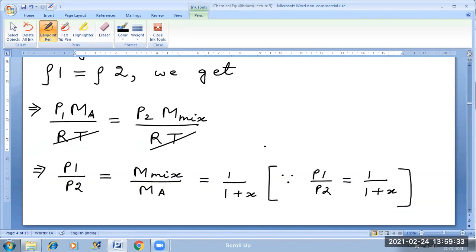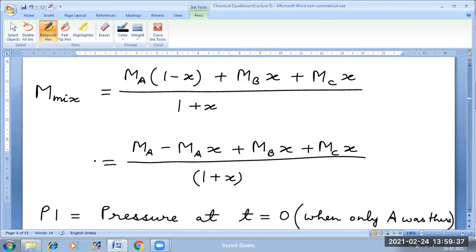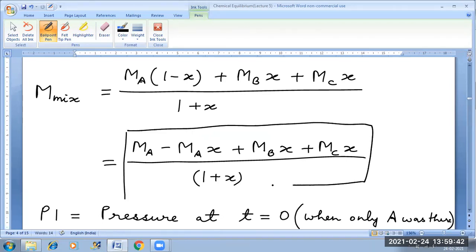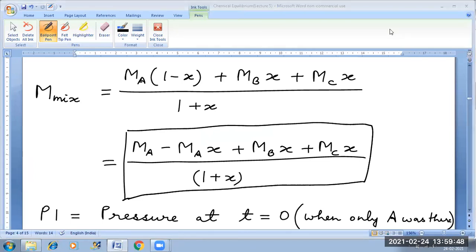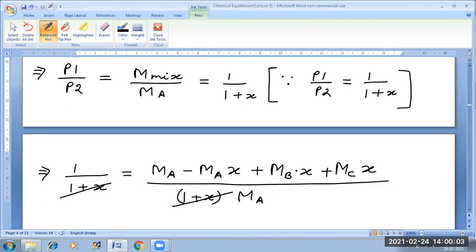What is M mix? I have already found out the value of M mix here. This thing is M mix. Put the value of M mix in this equation.